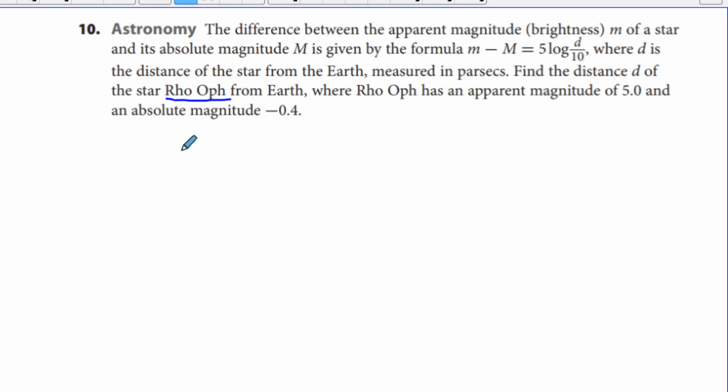Okay, so we have the absolute magnitude is going to be this big M. Our apparent magnitude is going to be our little m, and then d is what we're trying to solve for in parsecs.